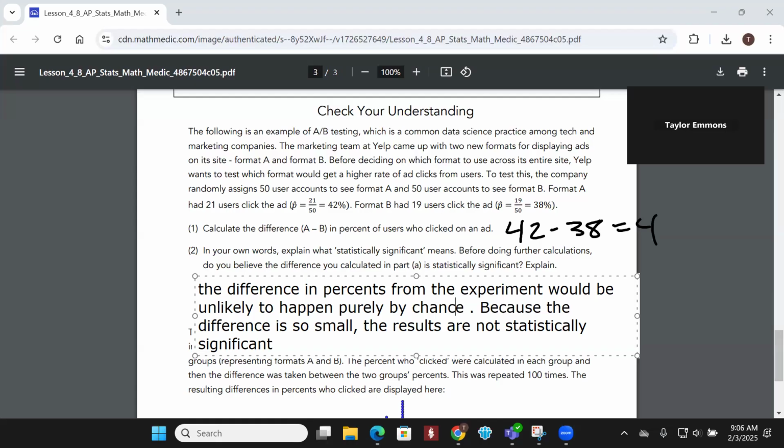So because the difference is so small, we said it was like 4%, the results are not statistically significant. So less than 5% are unlikely to happen purely by chance.